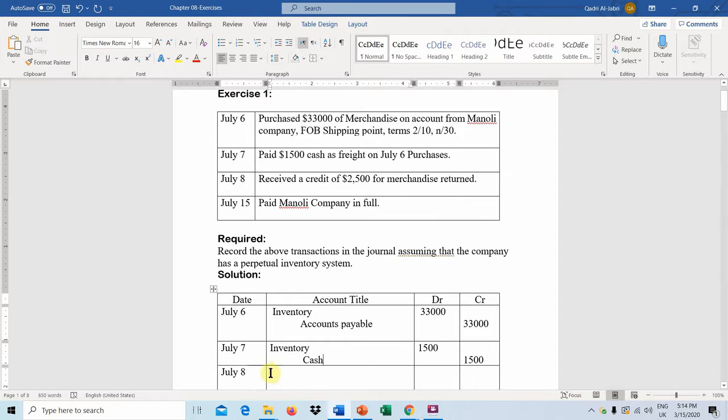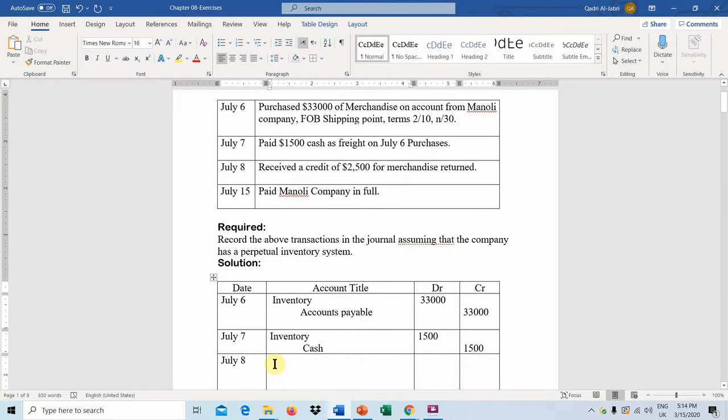Okay, let's have a look at July 8. On July 8, received a credit of 2,500 for merchandise returned. So as you can see, for certain reasons that are not mentioned here, we returned some of this merchandise. By returning merchandise, for sure the inventory that we have on hand will decrease.